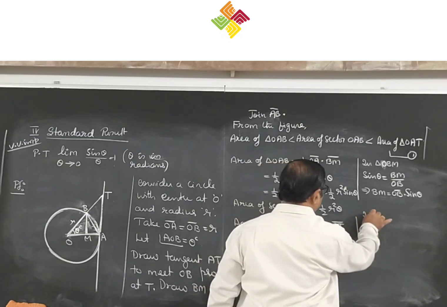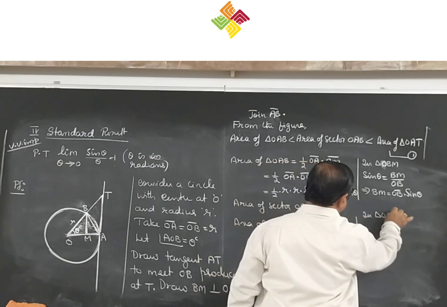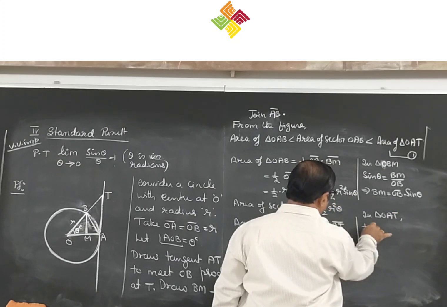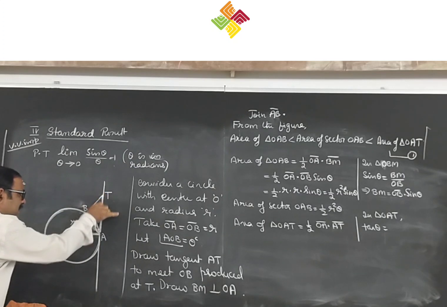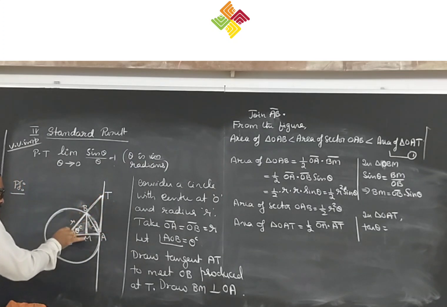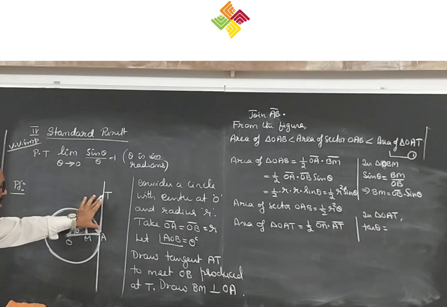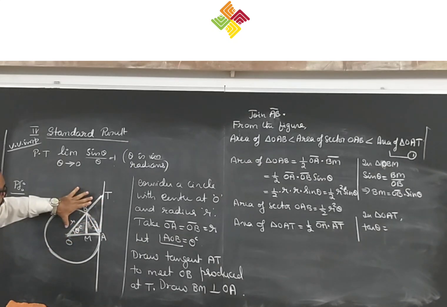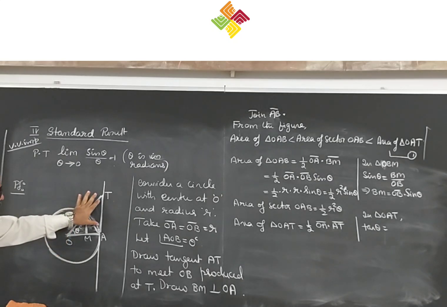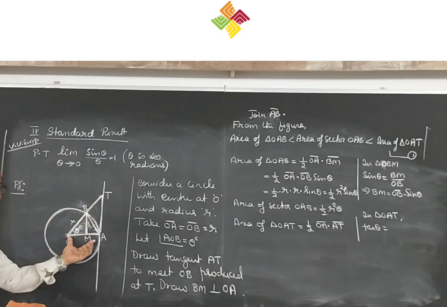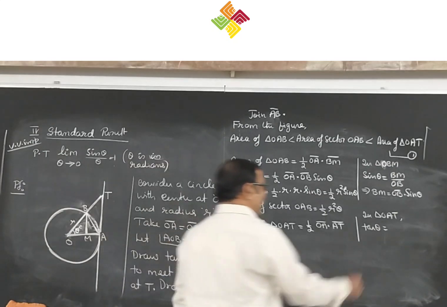Now, in triangle OAT, tell me what is tan theta. Tan theta is always opposite side divided by adjacent side. So what is it?